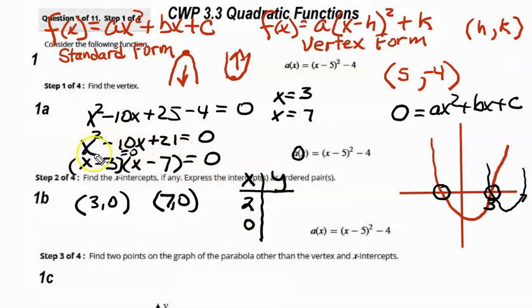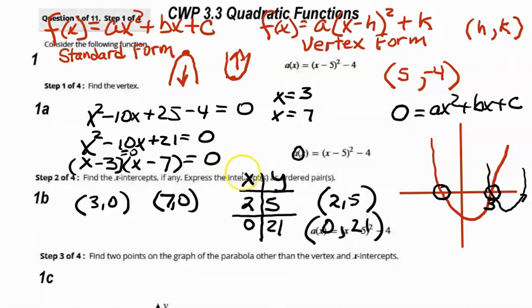So if x is 2, I'm going to pause while I do that, and you can do it also. So the easier one, if x is 0 here, y would be 21. And if x is 2, this is 4 minus 20 plus 21 gives you a 5.